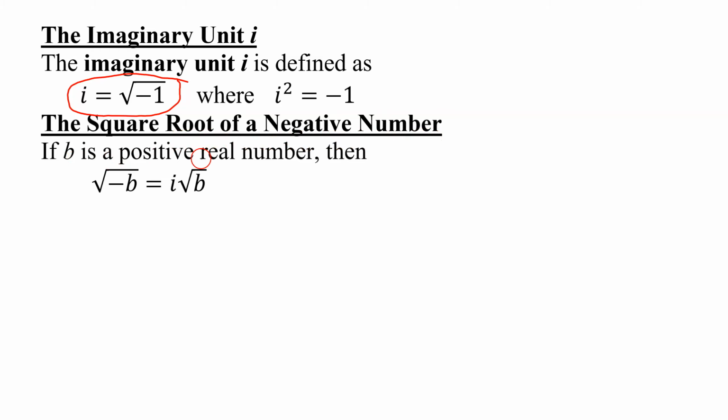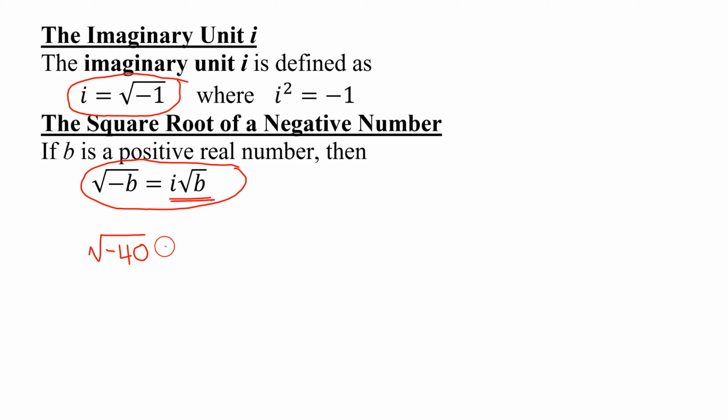So if b is a positive real number, then the square root of negative b is i times the square root of b. So this is what we're going to use to find the square root of negative 40.